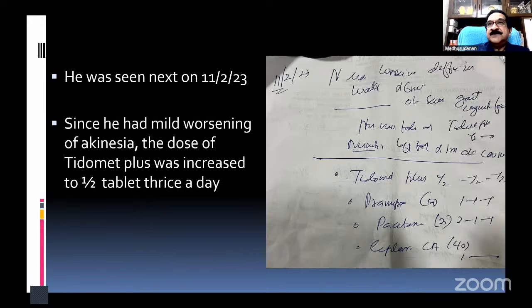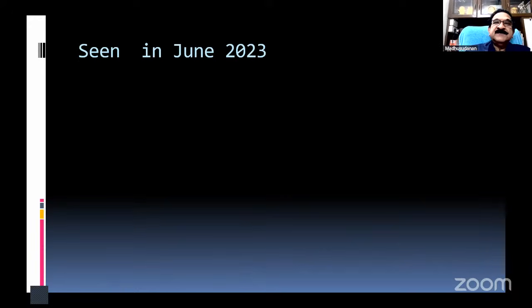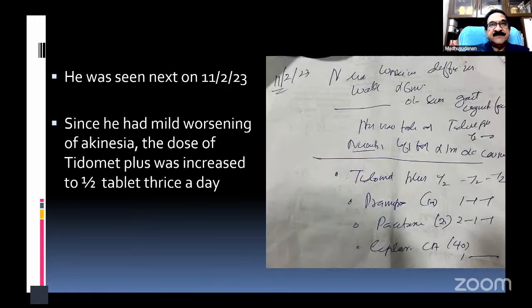Since he had mild worsening of the akinesia, I increased the levodopa, half tablet, from twice to thrice daily. You can see the prescription. I also increased the Primipex to 1 milligram 3 times daily, instead of 0.5. Then he was seen in June 2023, 4 months later.